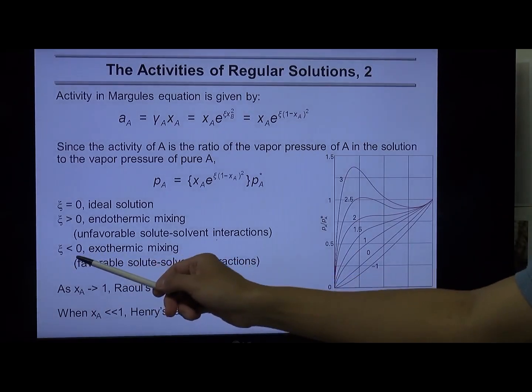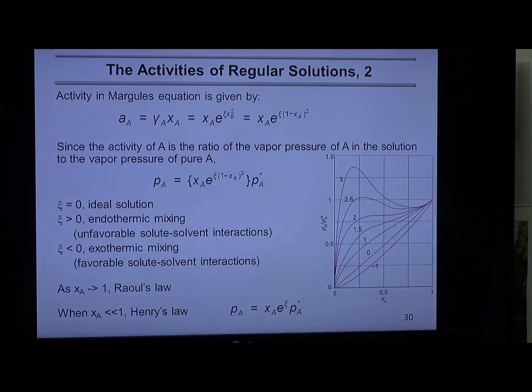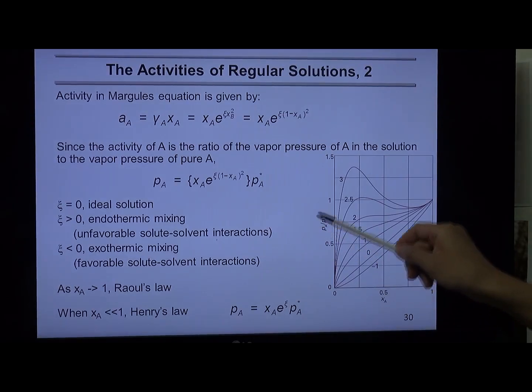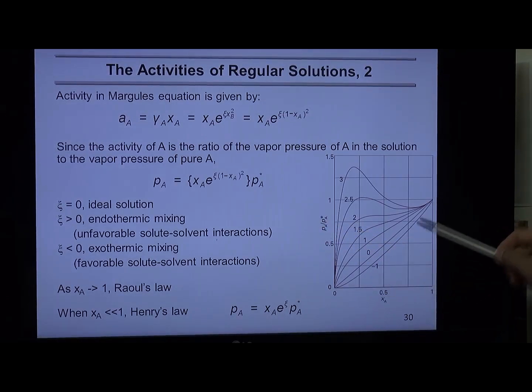When psi is smaller than 0, it is exothermic mixing, or favorable solute-solvent interactions. In that case, PA over PA star is smaller than ideal solution behavior. Vapor pressure is smaller than ideal solution behavior.